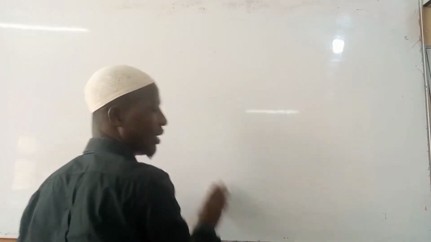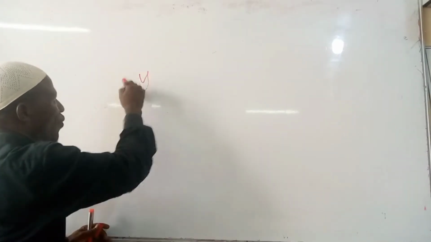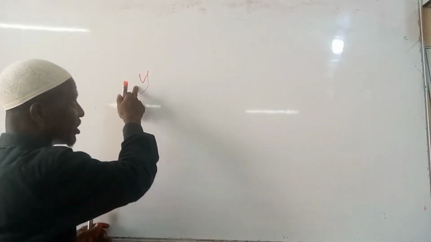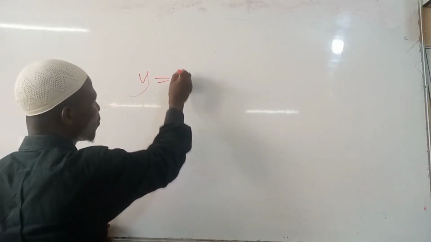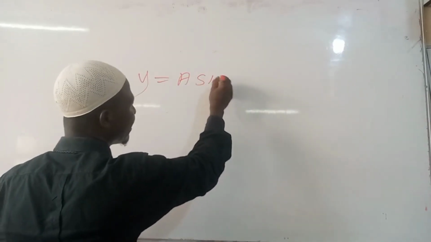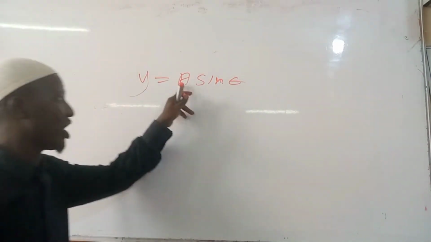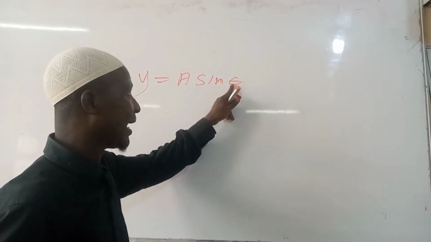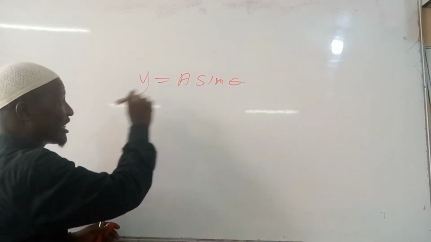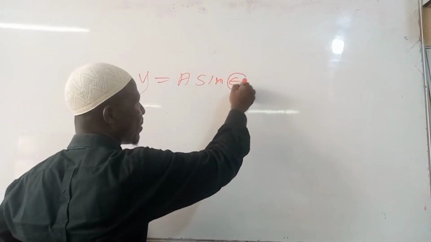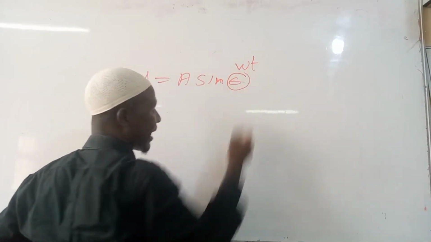Now, let's start with y. This is our equation: y is equal to a sine theta. Our theta can be replaced with omega t, like I just said.